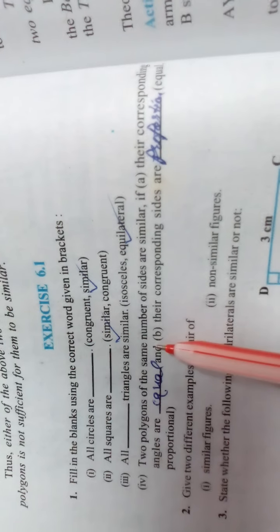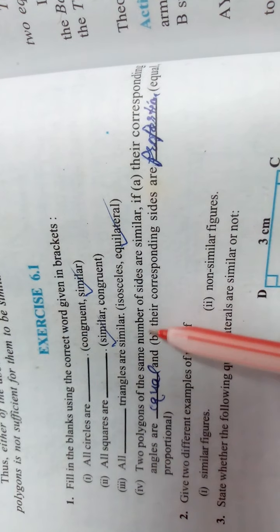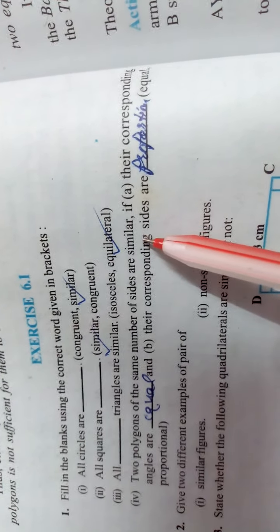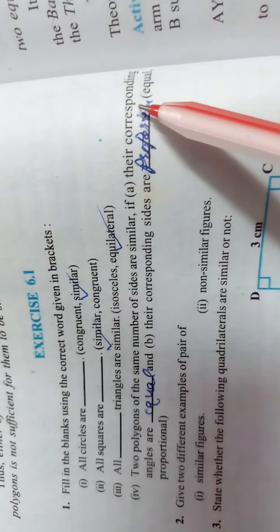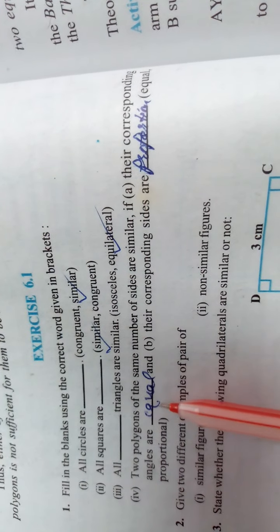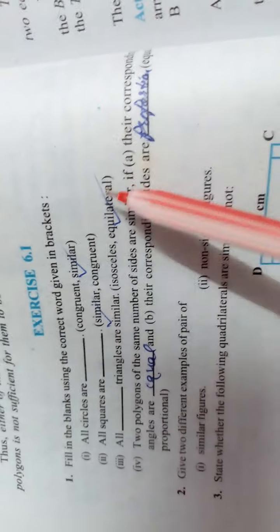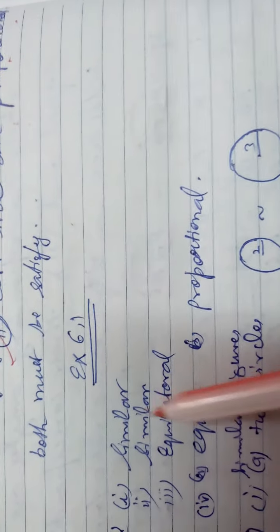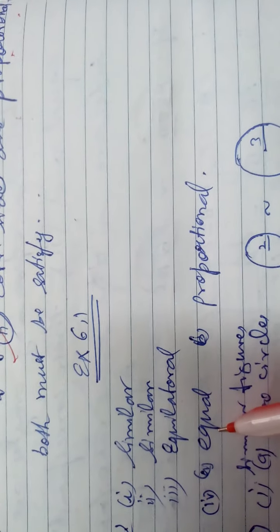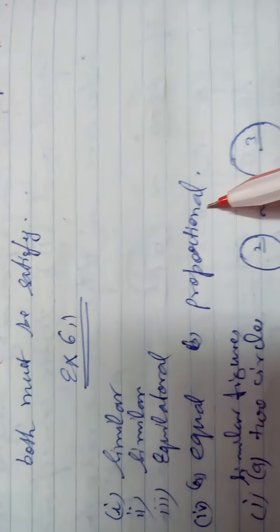Two polygons of the same number of sides are similar if all their corresponding angles are equal and their corresponding sides are proportional, not equal. One is equal and one is proportional. So first similar, second similar, equilateral. In the last part, A is equal and B is proportional.